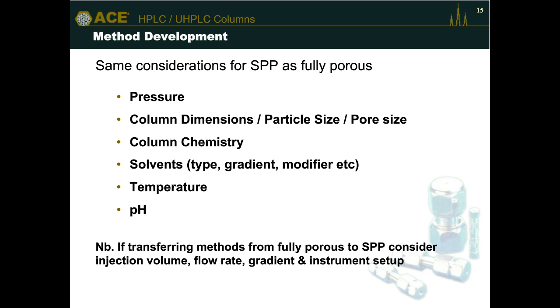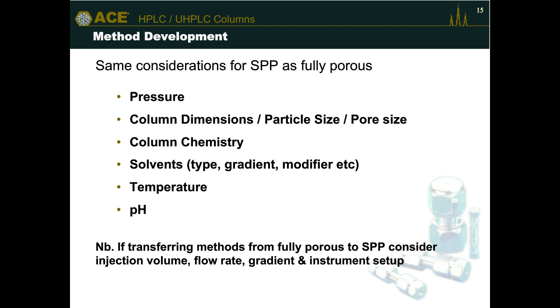We also need to think about what solvents, so acetonitrile, methanol, what buffers, what modifiers we're going to use in there, what temperature, what pH. So everything you would be considering normally for a fully porous phase.